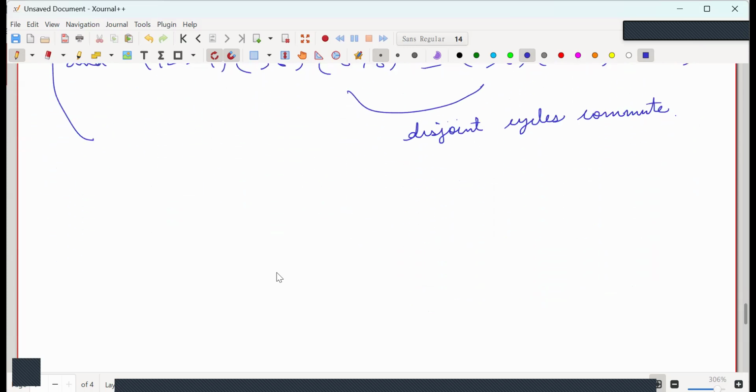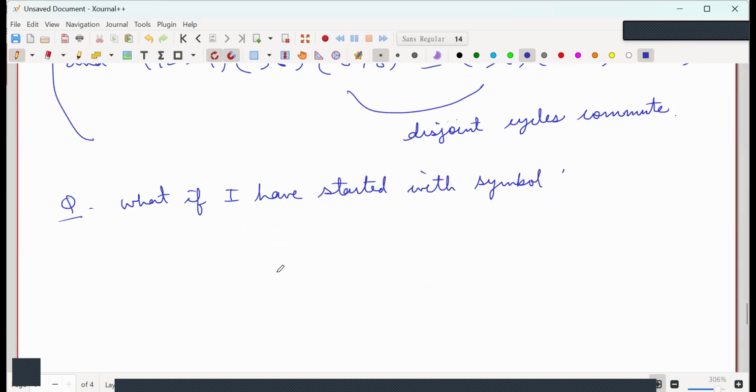So the question now is, what if I have started with symbol 1 instead of 2 in the above example?